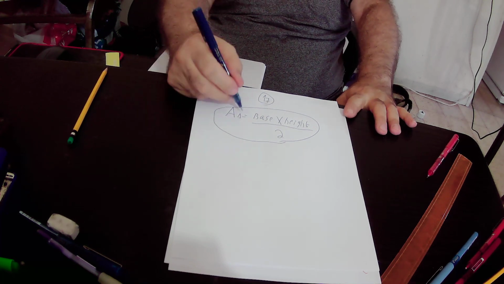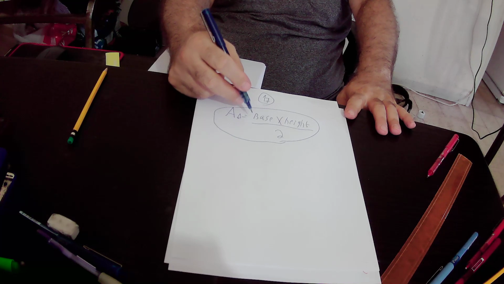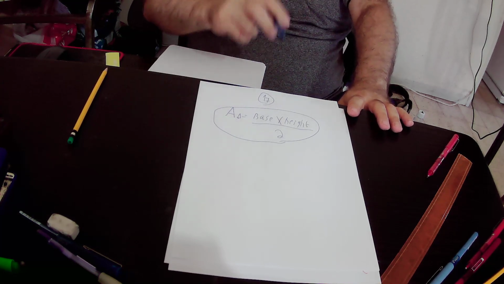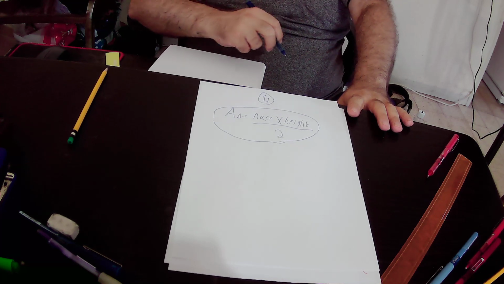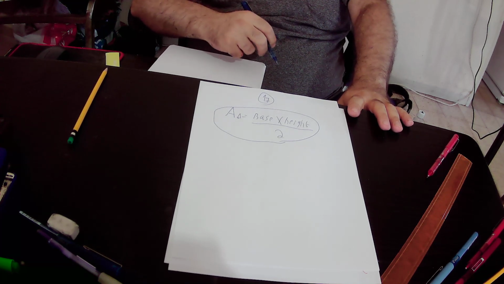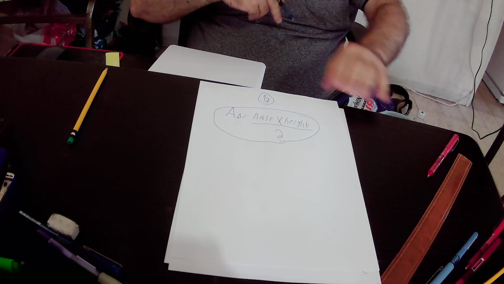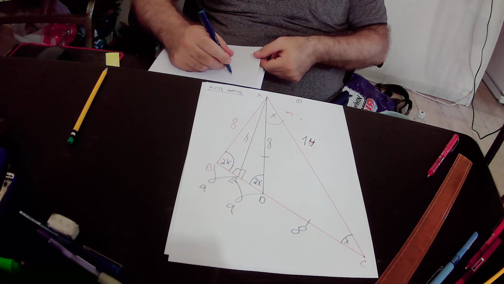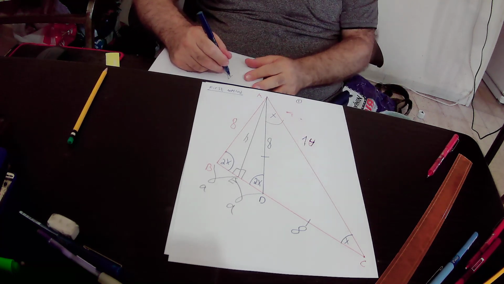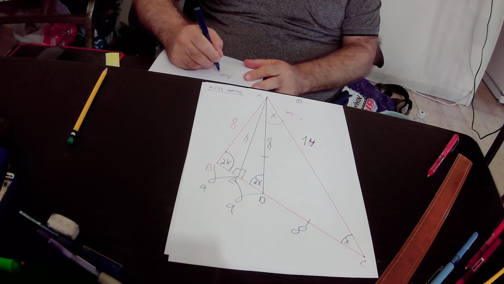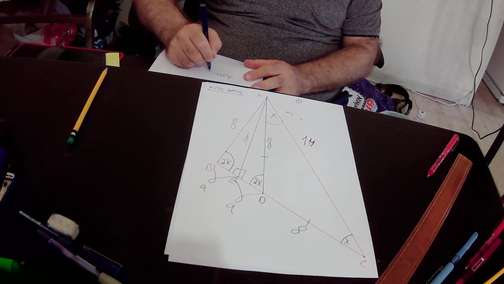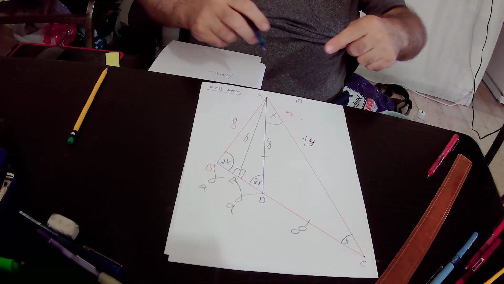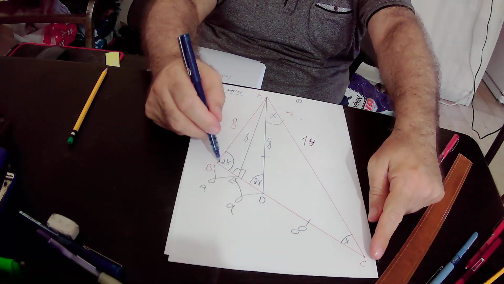You should remember that the height must create 90 degrees with the base, otherwise it is not the height. Okay? And what is the area of triangle ABC? The area of our triangle ABC equals the base of the triangle. The base of the triangle is BC.